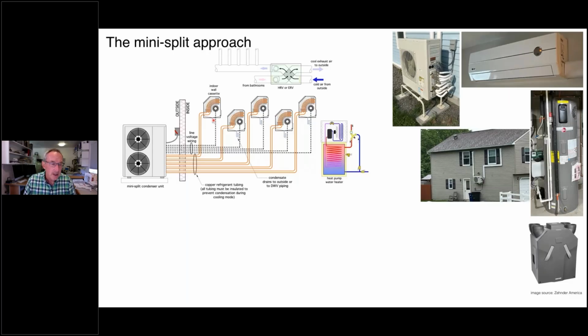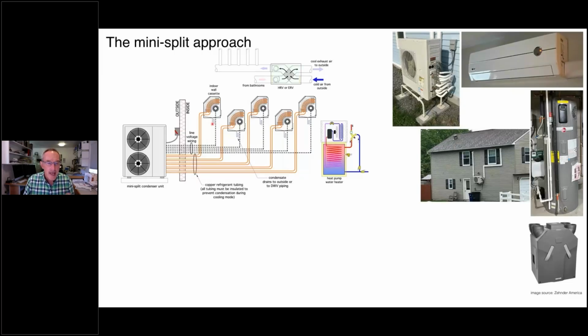And it might go out through the exterior wall and just drip outside on the ground, or it might have to be routed to the building's DWV system, the waste system, with a suitable trap, where codes would allow that. So there's a fair amount of what I call infrastructure that's necessary to connect one of these indoor units to refrigerant tubes, condensate drain provision, as well as electrical.